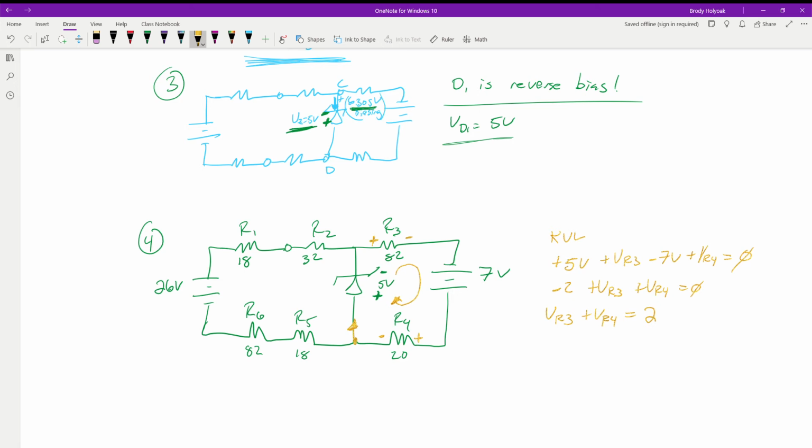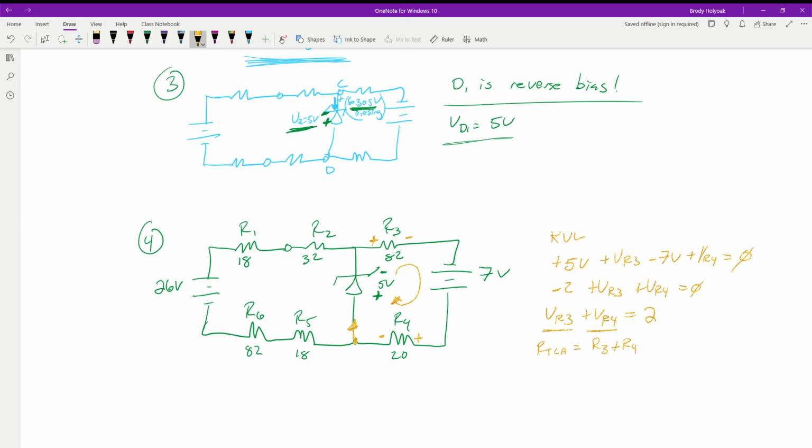So what this means is there's 2 volts available for R3 and R4. Since these are in series because we're just dealing with a loop, we can use this voltage in a voltage divider to see how it's going to split up. So when we're in this loop, the R total for loop A, the first one that we did, is going to be equal to R3 plus R4, because that's all that's in this mini circuit.